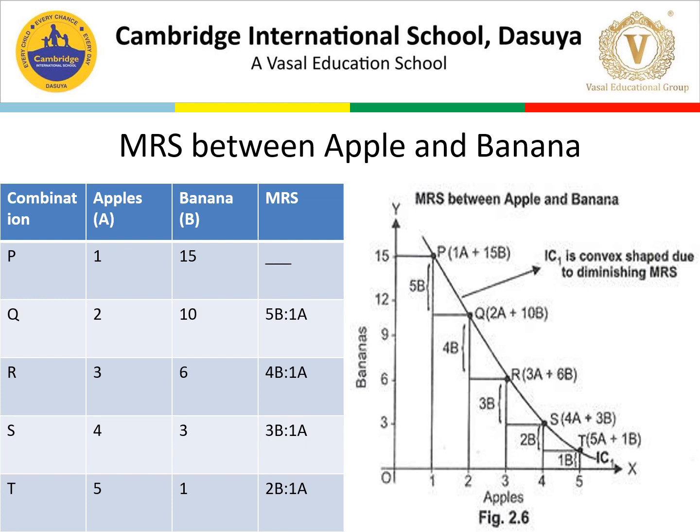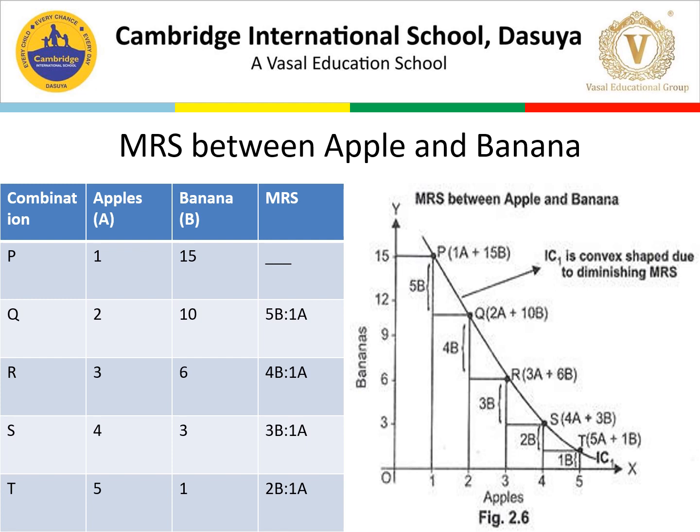Next, for the S combination, 4 units of apple and 3 units of banana. The marginal rate of substitution here is 3:1, so 3 units of banana per 1 unit of apple. Next is the T combination.